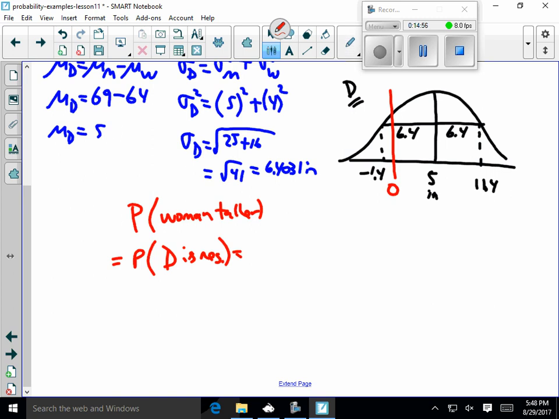And anything where the difference is negative means the woman is taller. So I'm just finding the area under that normal curve. We can find that by using normal CDF, from a lower boundary of negative infinity, I'll use negative 999, up to an upper boundary of 0 if the mean were 5 and the standard deviation were 6.4.